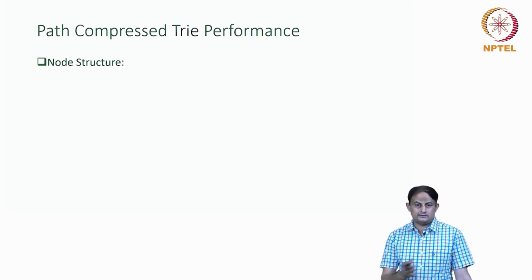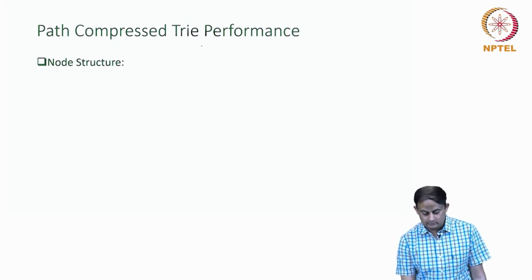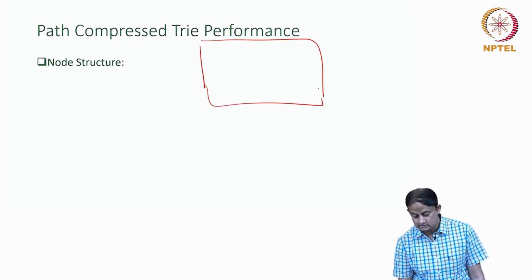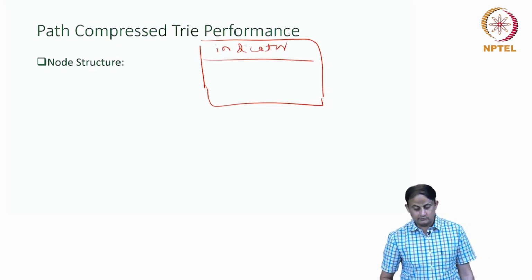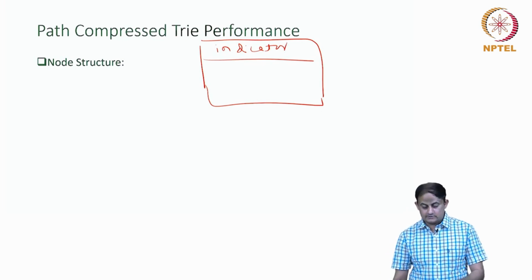Earlier it was only indicating whether the node is actually representing a prefix or not, and then the left and the right child in the binary trie. But now the node structure has changed. One is the indicator, which is still there, whether this node is representing a prefix or not.